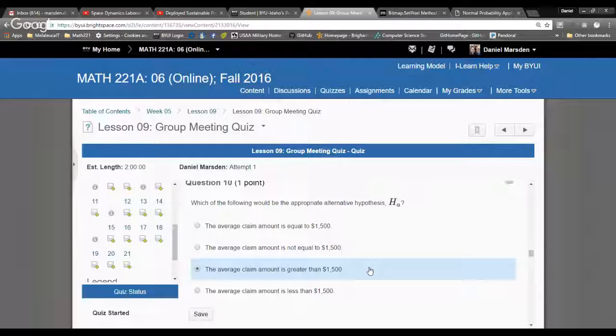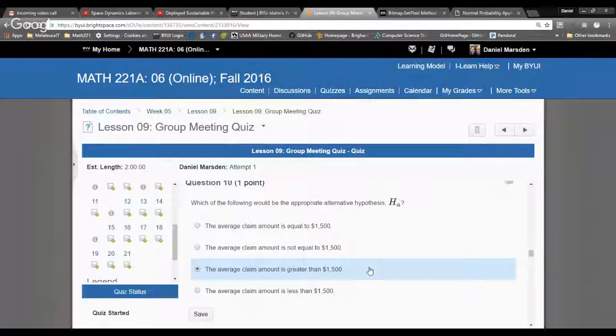An insurance company is reviewing the current policy rates. They believe that the average claim amount was $1,500. They are concerned that the true mean is actually higher than this. Use this information for the next two questions.